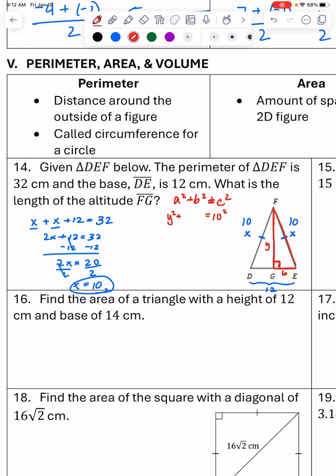So this is gonna be 6. Okay, so y squared plus 36 equals 100. Subtract 36. Take your square root. So FG is 8. Okay.